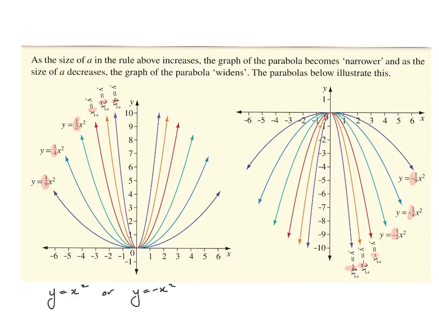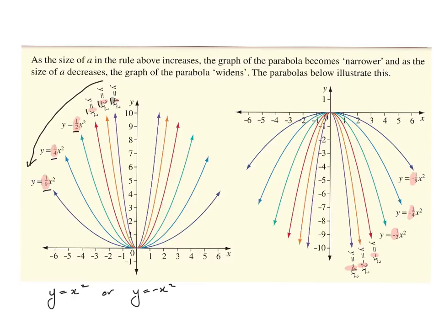What I notice is that as the value gets bigger, notice here that's a 4. That's a 2, that's a 1, half, a quarter, a ninth. So my value, in this case, sorry, I said bigger, but in actual fact, as I go downwards, my value in front of the x is getting smaller.